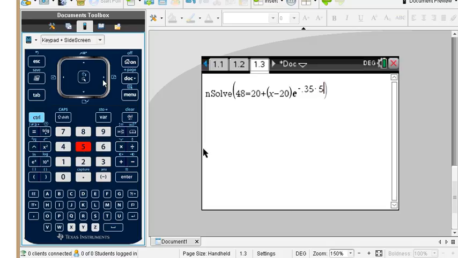Then we come to the right and press comma x, and we should get our value right here.